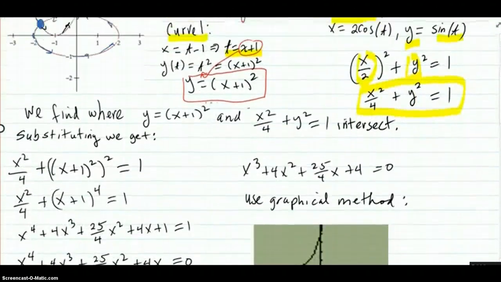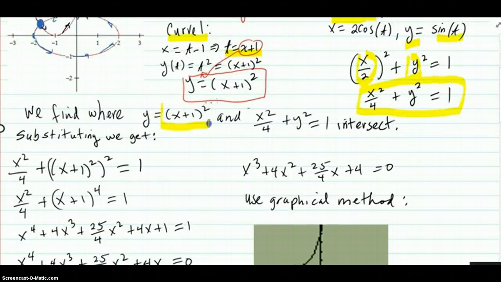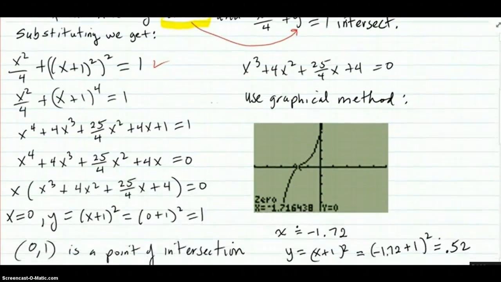So what I did was I took this expression for y and substituted into here, into that y in the other equation, and I get this. Did some algebra, cleaned it up, factored out an x.